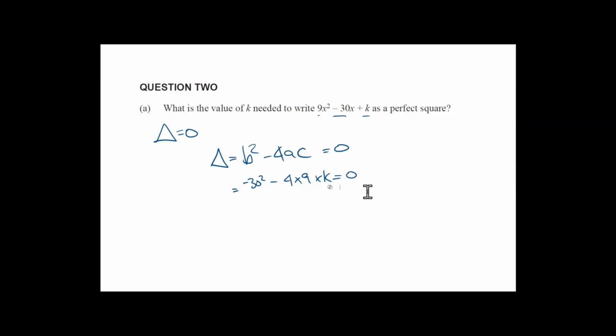So minus 30 squared is going to be 900. 30 times 30 is 900, and negatives cancel. Minus 4 times 9 is 36k equals 0. So moving this 900 across, minus 36k equals minus 900.